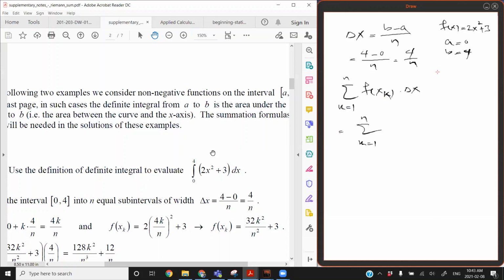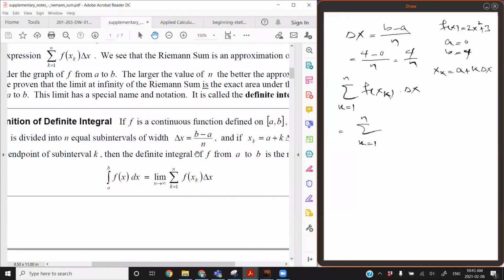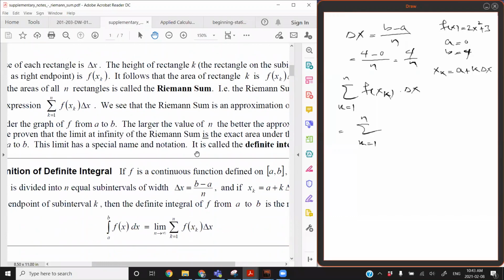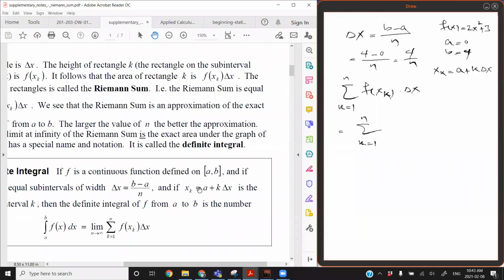Yes, what is xk? Xk also has a formula. Xk is a plus k times delta x. Yes, so this is also here in the definition. Yes, xk is a plus k delta x.